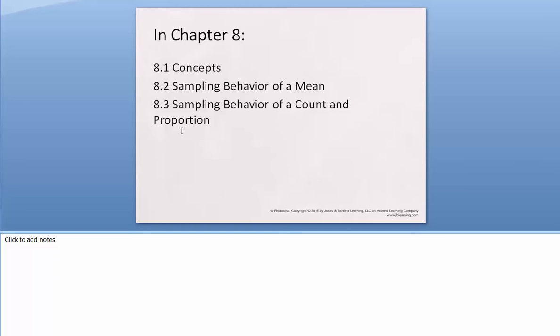Like if you have three heads out of 10 tosses, the proportion of heads would be 3/10. So count and proportion are pretty much equivalent. To get the proportion from a count, you divide the count by n, but if you know one of them, you know the other. Okay, let's go to the next slide.